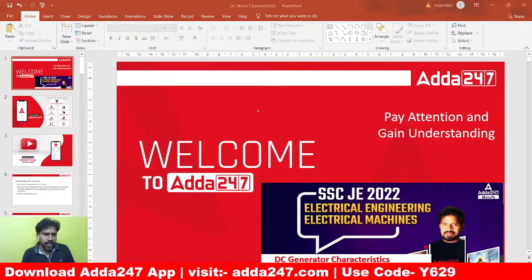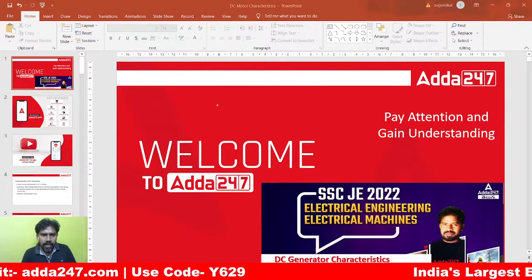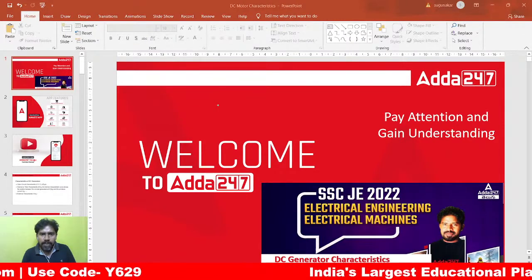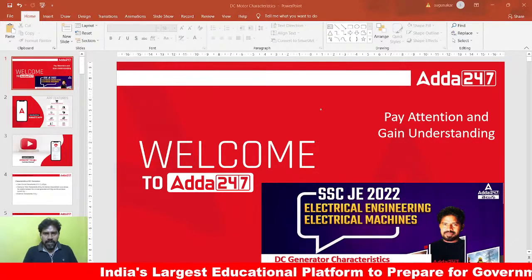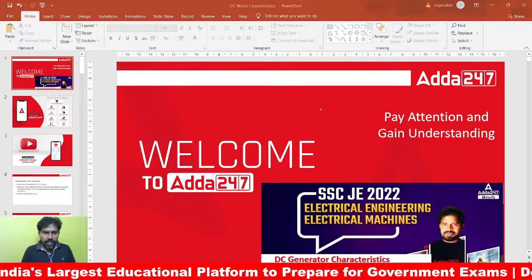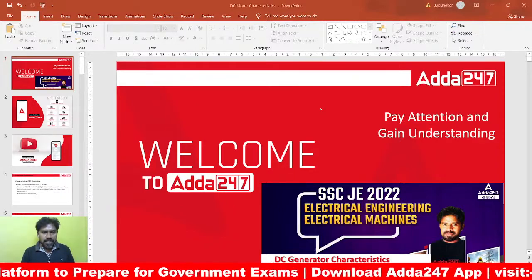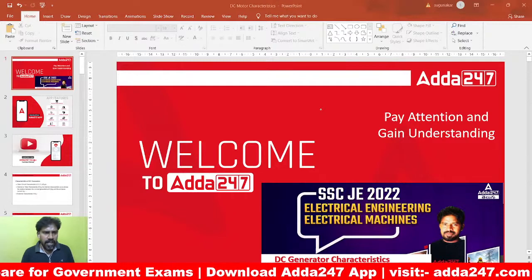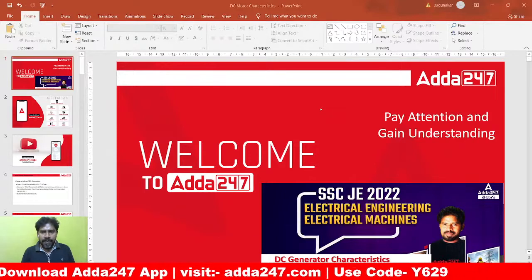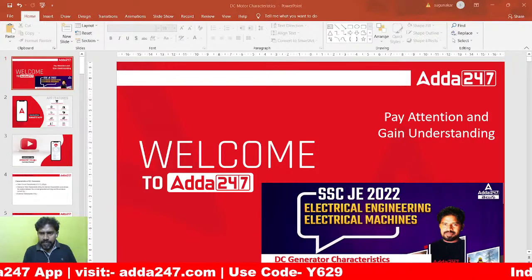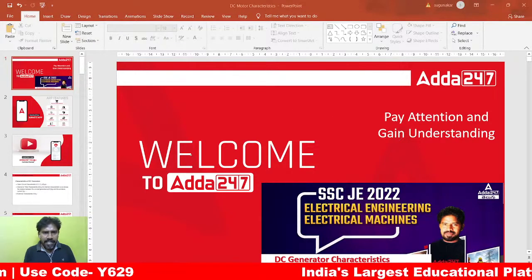Because of this, the magnetic flux on load will be less than the flux at no load condition. So the EMF is generated at different load conditions, and we draw the characteristics between the generated EMF and the current.